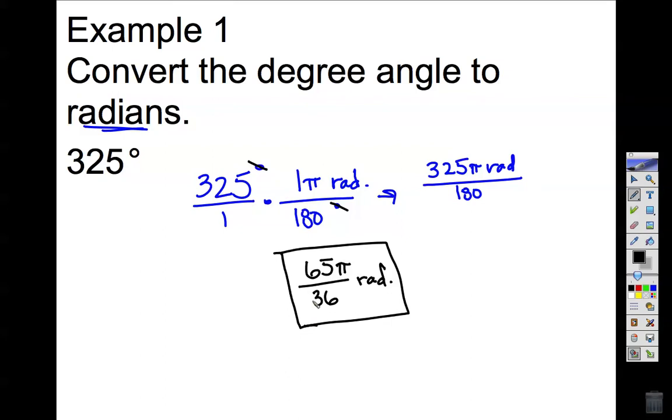If you want to multiply that out, though more than likely you're not going to be asked to, that is approximately 5.6723 radians.